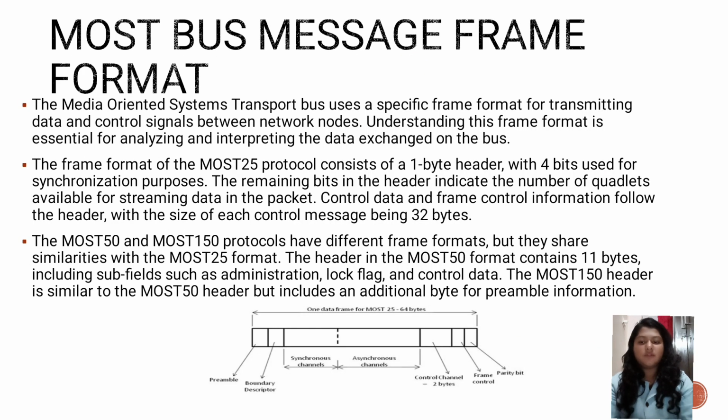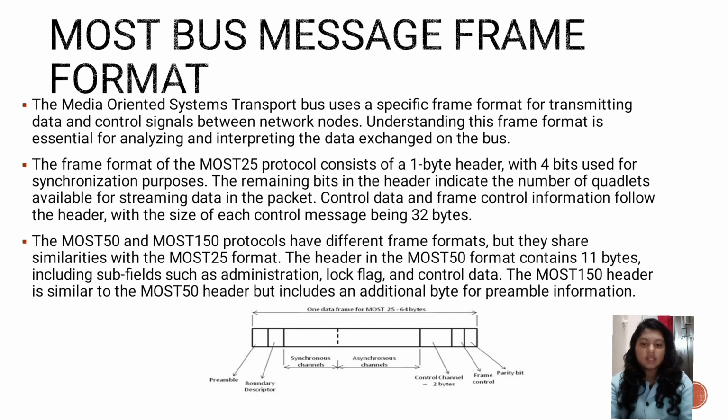MOST bus message format. The Media Oriented Systems Transport bus uses a specific frame format for transmitting data and control signals between network nodes. Understanding this frame format is essential for analyzing and interpreting the data exchange on the bus. The frame format of the MOST protocol consists of a 1 byte header and 4 bits used for synchronization purposes.